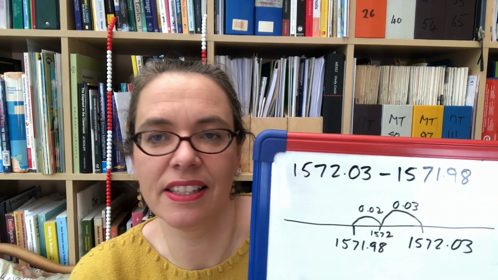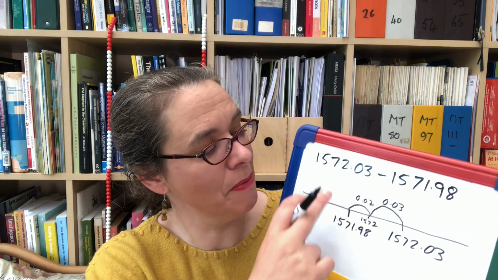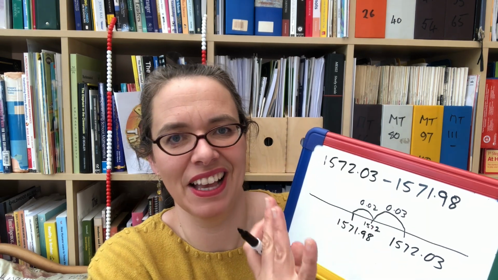So it's helpful to put in the number 1572, and then we can see that that is 0.03 and that is 0.02. Therefore, the answer is 0.05. So it's always useful to bear in mind your differences and look to see if that makes the calculation easy to do in your head.